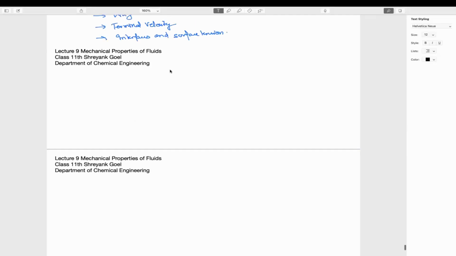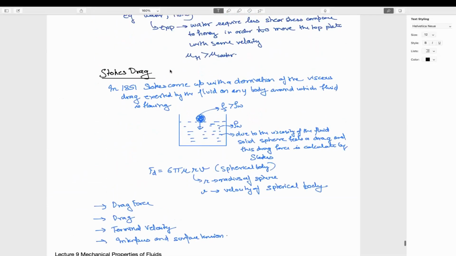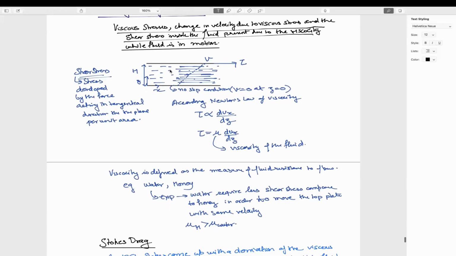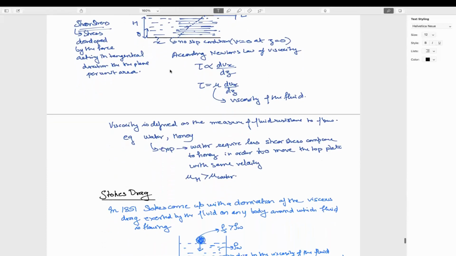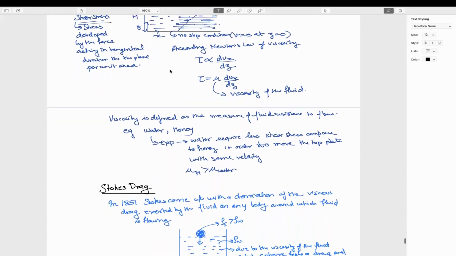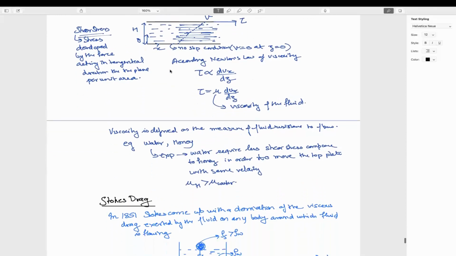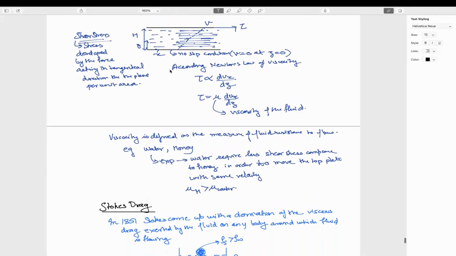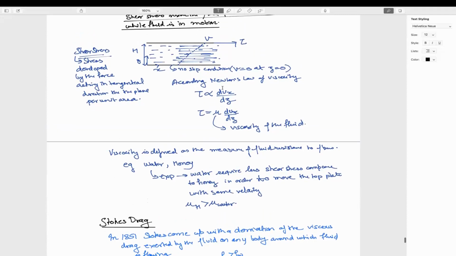So yesterday we started the viscous stresses and the drag, Stokes drag. And in the concept of viscosity, I want to add a few things in this lecture.